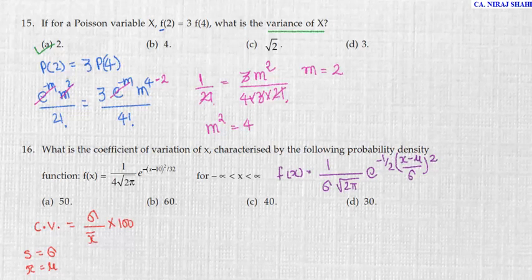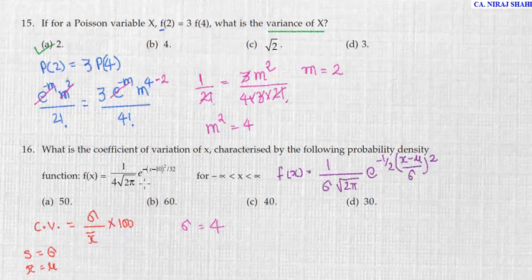Okay, now let's compare both the density functions here. See, here we have 1, here we have also 1, here we have 4, and in place of 4 actually we can see sigma here. So we can just say that our sigma is equal to 4. So our first observation says that sigma is equal to 4.